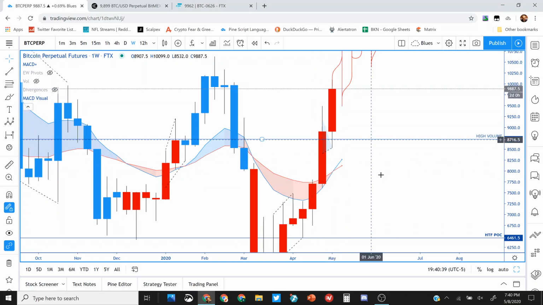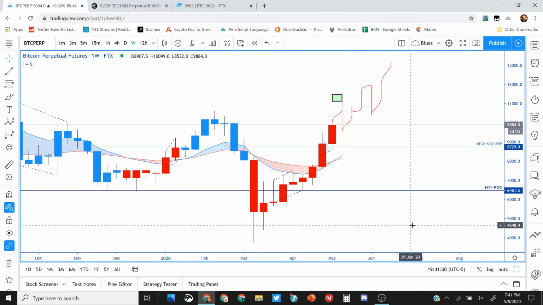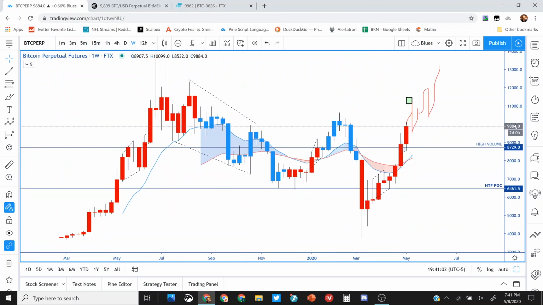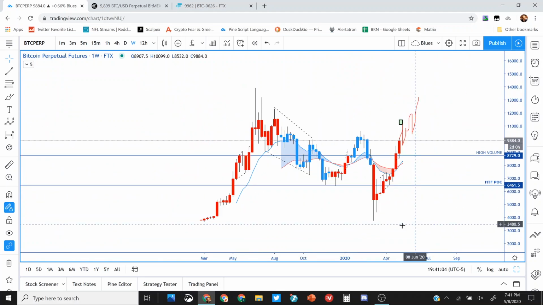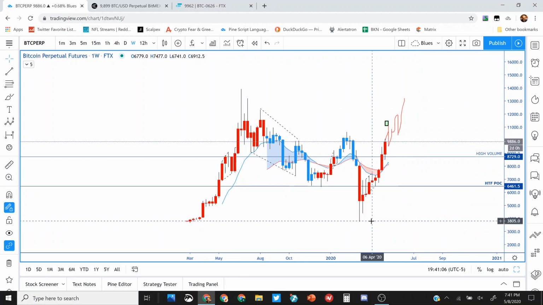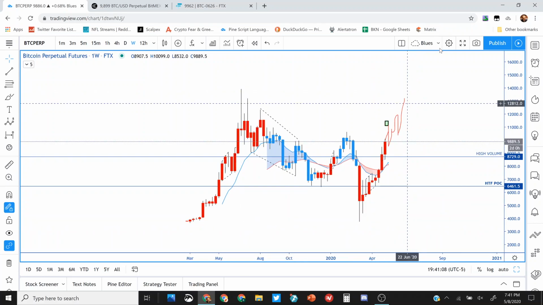The only way to uncross those is to get below the fast and slow MAs, both of them. So the likelihood of not crossing the weekly MACD to positive is exceptionally low. We are going to do it. So that now gives us the structure of an A, B, C as very likely, highly likely.